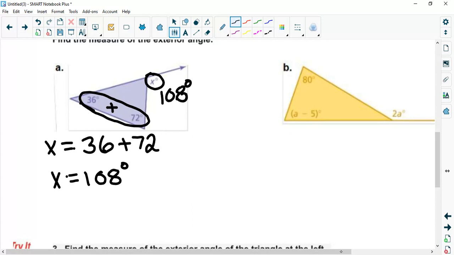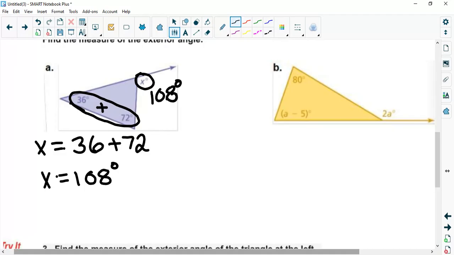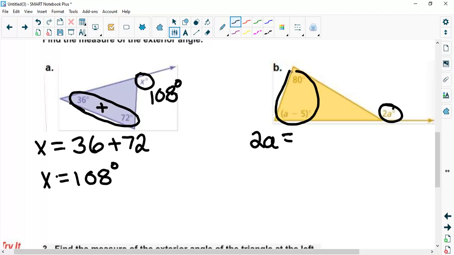For B, this is going to help us find not just an exterior angle, but an interior angle as well. So the exterior angle is 2A, and it is equal to the sum of the two non-adjacent interior angles.